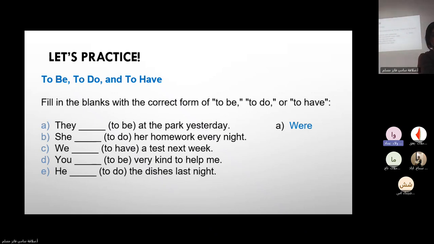She does her homework every night. She does. Why does not do? Because it's a singular and it's a habitual activity. It's the third person pronoun. I is singular. هل بستخدم does مع I?